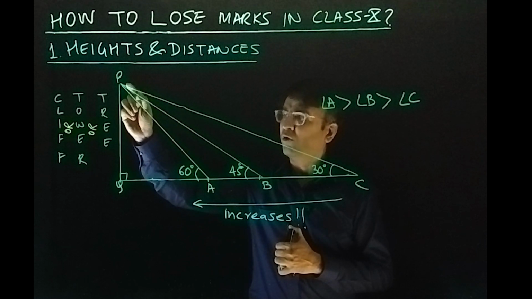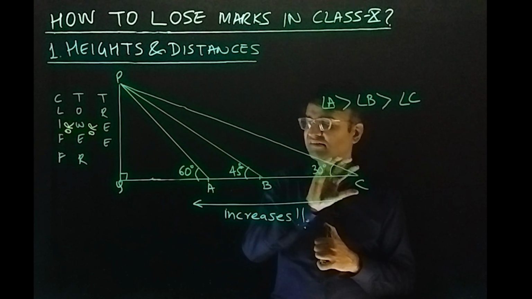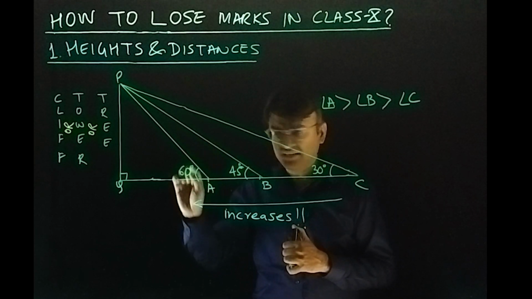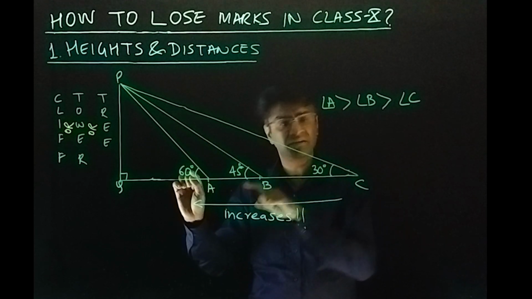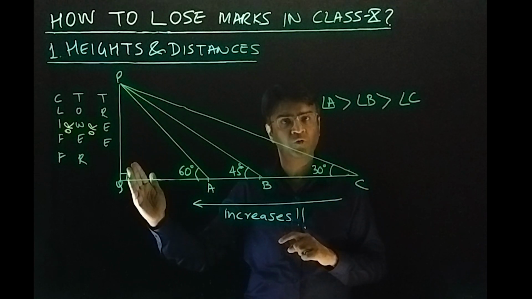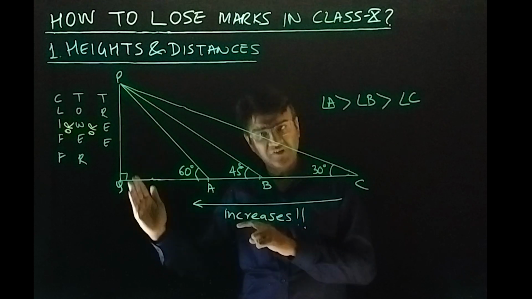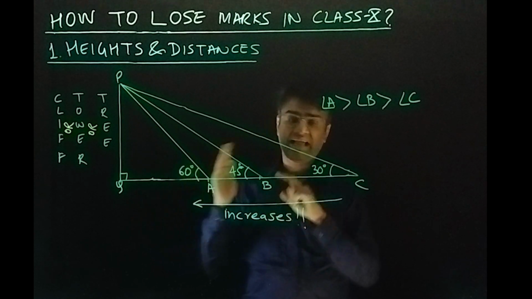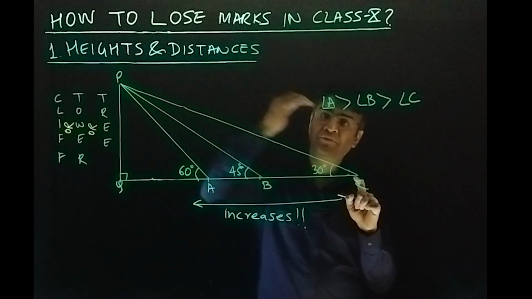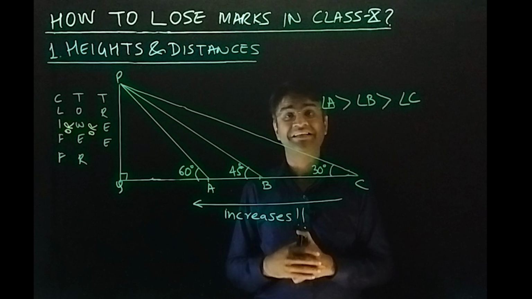Remember to omit this line PB; you will only take C and A. The angle A, which is higher than angle C, will be kept closer to PQ. That means the higher the angle, the closer it is to the vertical line. And 30 degrees, which is less than 60 degrees, will be kept away from the vertical line. Hopefully you will not make this mistake.